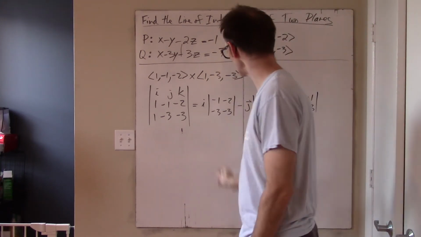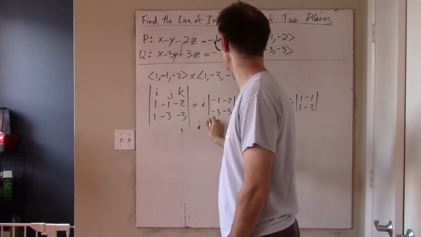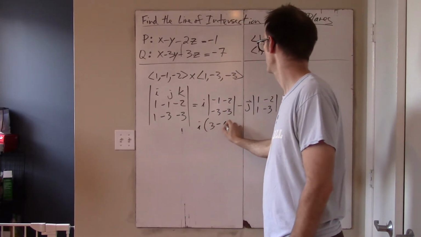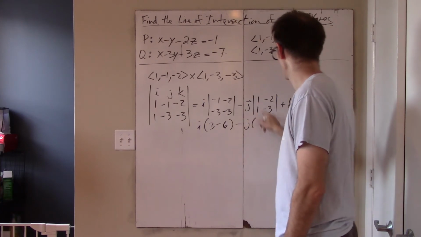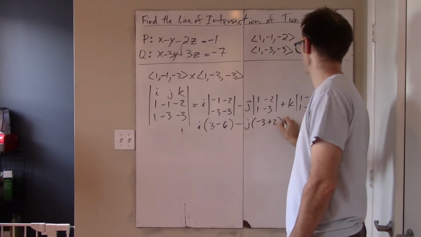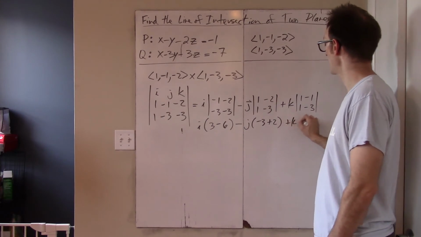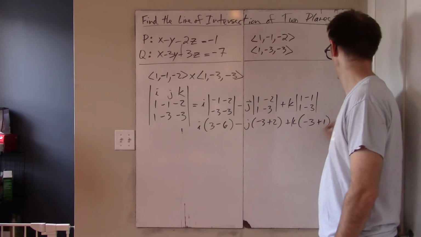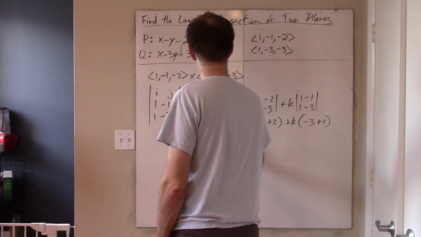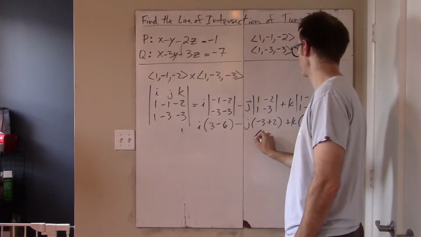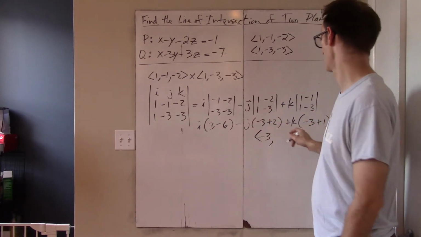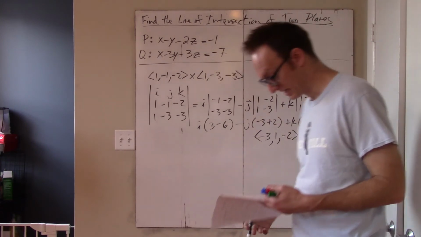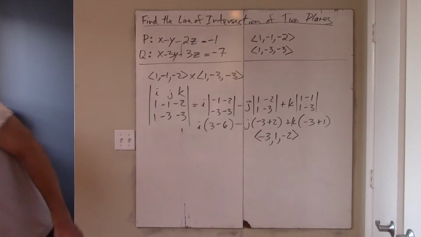And so this is 3, a lot of negatives now, so it's getting confusing, minus 6 minus j times -3 plus 2, because it's minus -2, and this is -3 plus 1. So I think I get -3, 1, -2. Yeah, I think that is right.